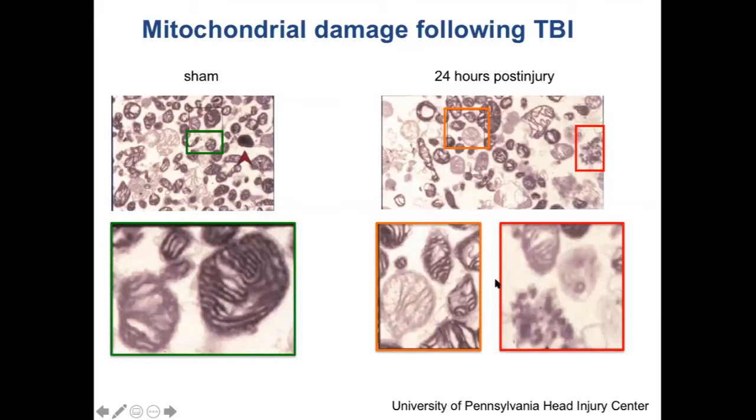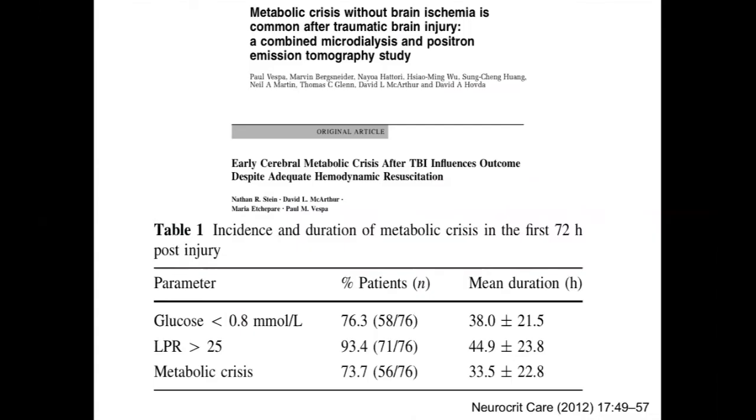Therefore, TBI induces a mitochondrial damage that is then responsible, and it is associated with a reduction in oxygen consumption of the brain. So we have seen that the CBF is reduced at the beginning, the glucose metabolism is increased, the oxygen metabolism is reduced.